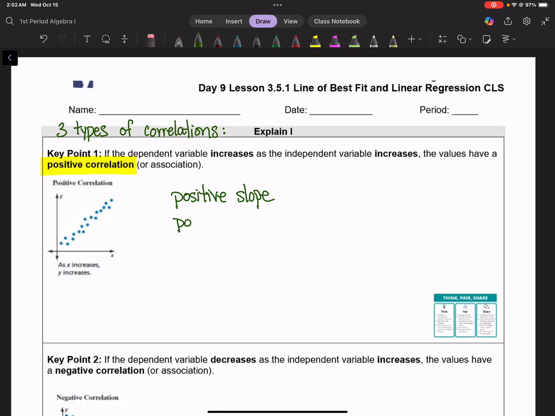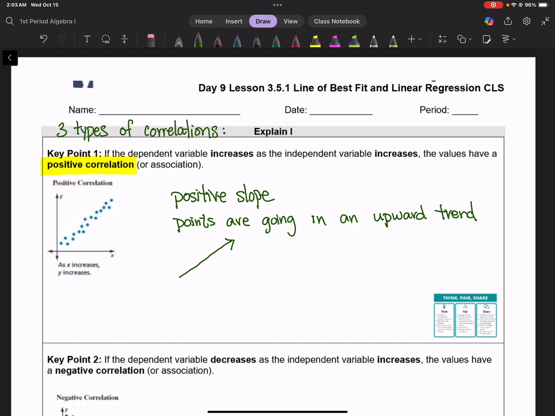The points are going in an upward trend. So if you were to draw a line through the middle of all of the points that you have, your line would look like this. It would go up. It has a positive slope. That's a positive correlation.